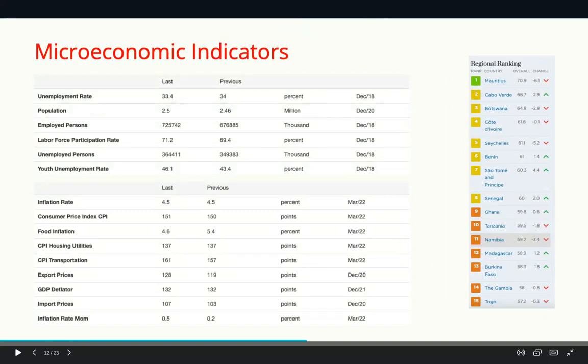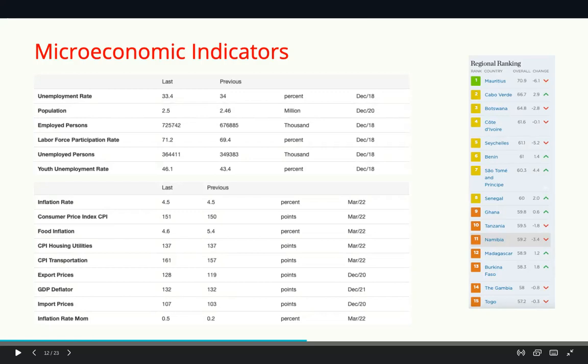The inflation rate is at 4.5, which is 2 points over the average that the International Monetary Fund, the World Bank, and the UN agreed to set at 2.5. And this is going to increase due to the Russian-Ukrainian war, which has directly shocked the supply chain of daily products, food, and other resources such as oil and gas.